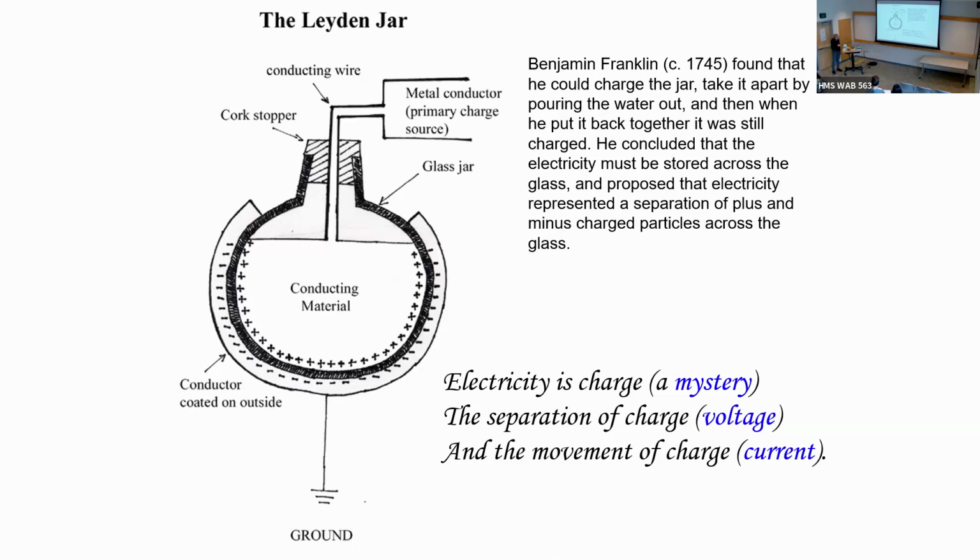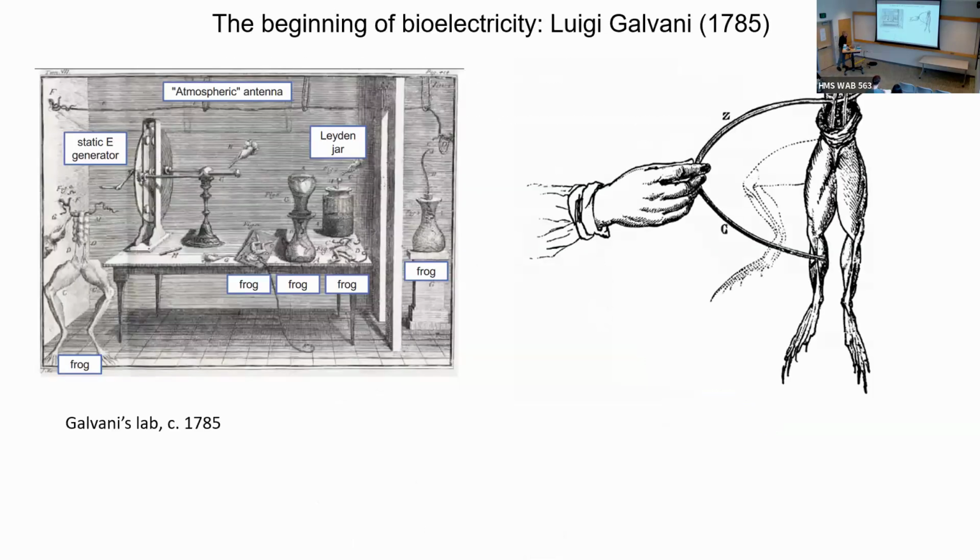He was the person who really worked out, he invented plus and minus for electric charge, had this theory that there were these two polarities and that a current would flow whenever there was a separation of these charges.